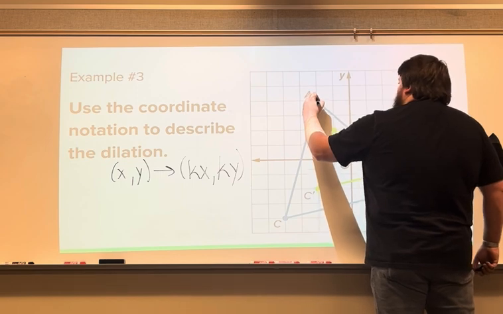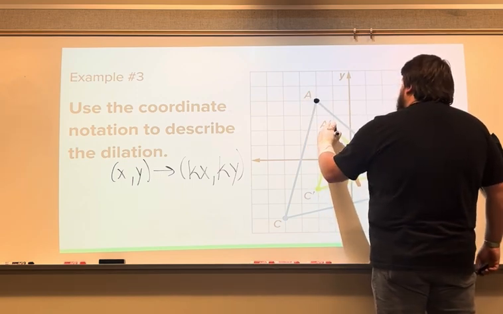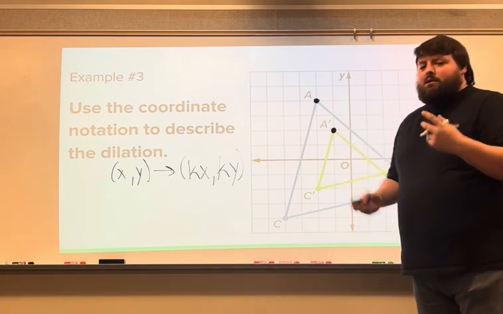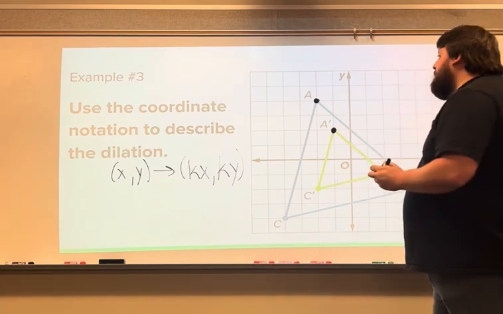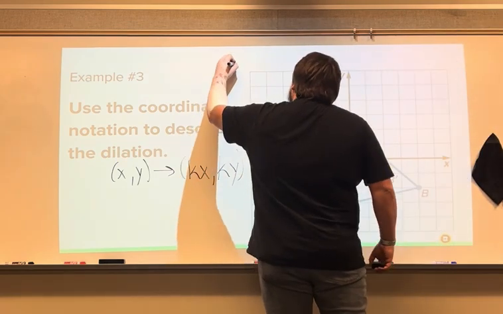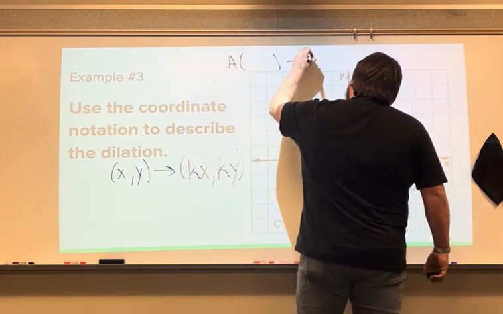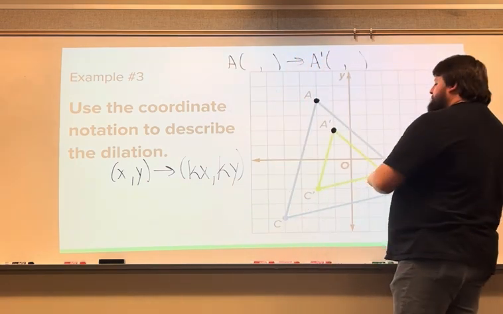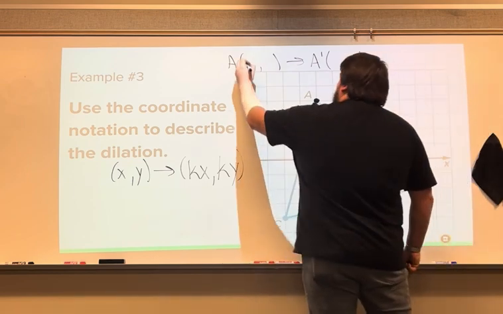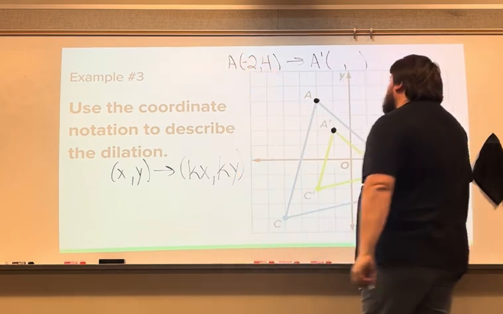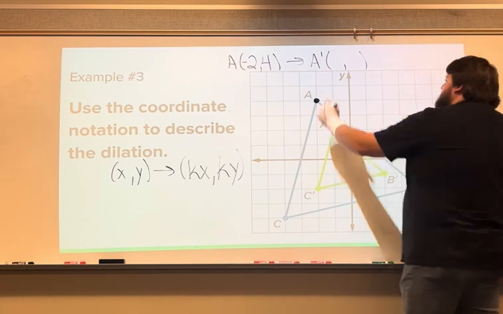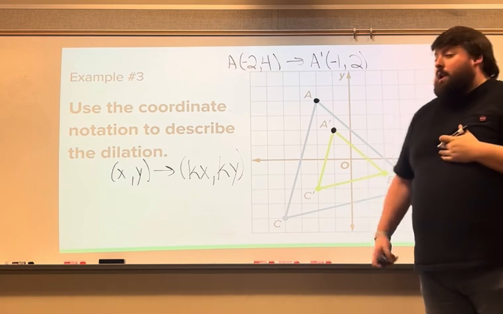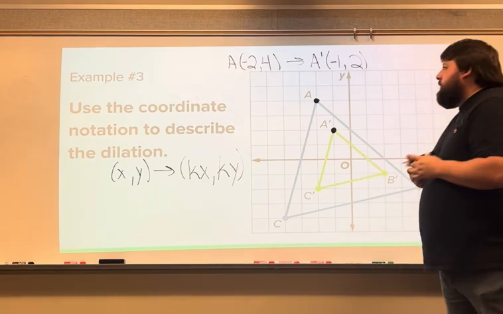This is A, this is A prime. So I'm going to look at those 2 coordinates, okay? I'm going to figure out what's the scale factor between them. What do I multiply A by to get A prime? Okay, so A is at -2, 4. Okay, A prime is at -1, 2.